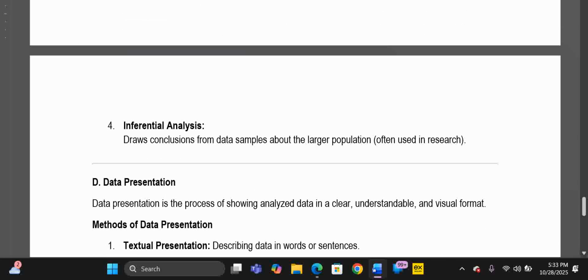So eventually we have what we are calling inferential analysis. Inferential analysis is basically used in research, whereby we can take samples and make a conclusive decision. We can target an area of, let's say, 1,000 people, and then we pick 100 people.